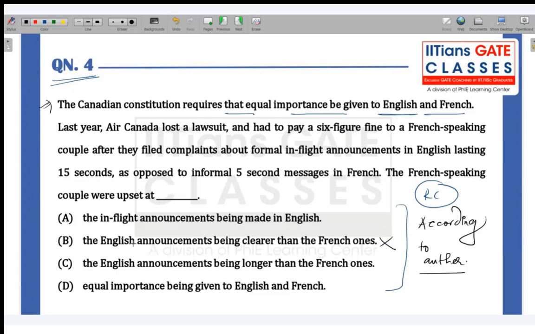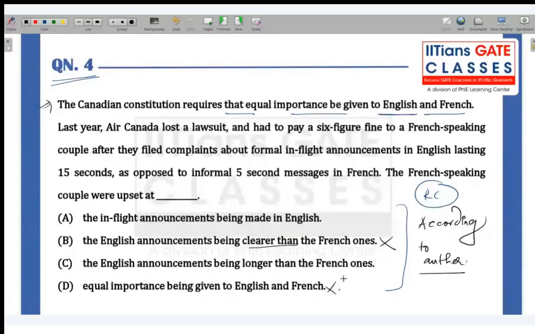So the English announcement being clearer than the French one, and the English announcement being longer than the French one. Equal importance being given to English and French. So this option also you can straight away eliminate.